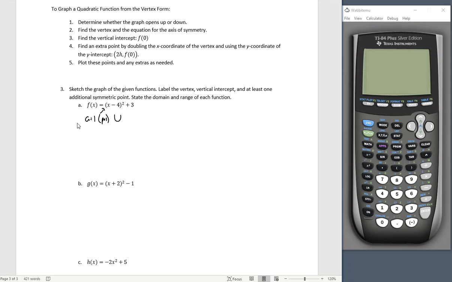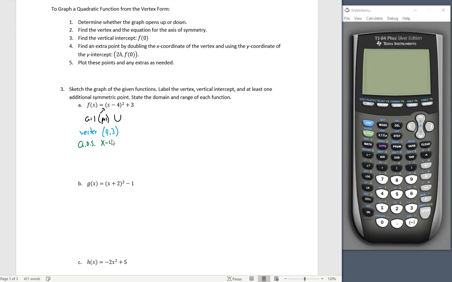My second step. I can see that my vertex is at the point 4, 3. It's always the opposite sign of what you see inside the parentheses, x minus 4. So you get 4. The plus 3 on the outside stays the same. A lot of times I'll find the axis of symmetry, AOS, first. We take what's in this parenthesis right here.